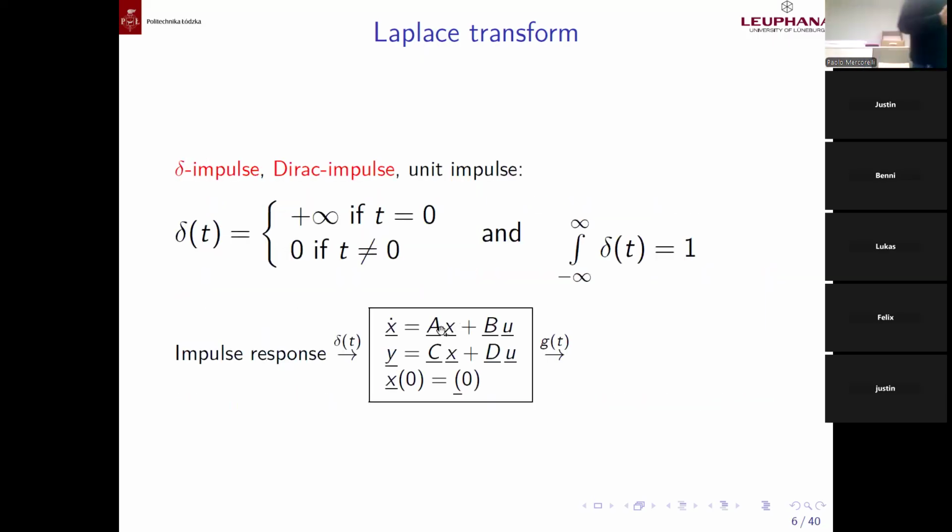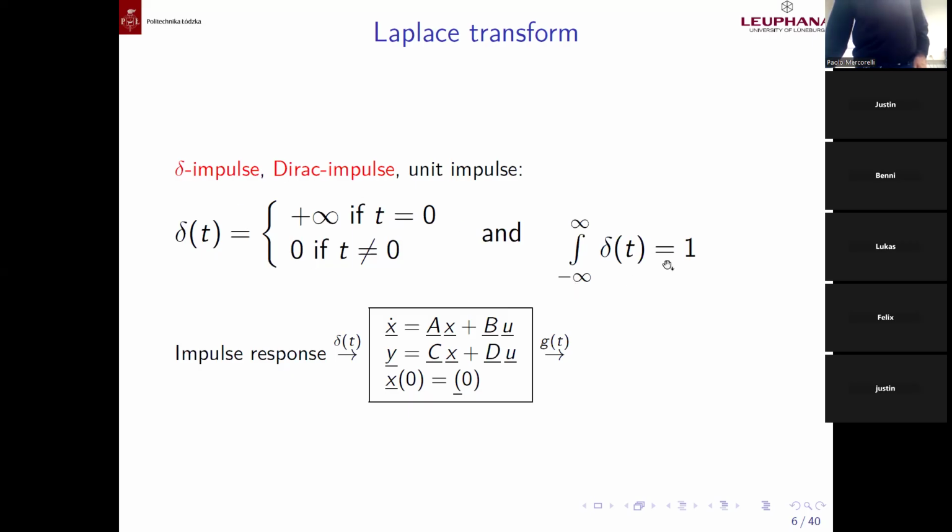More practically, let me consider some transforms of some important signals. We can see here this signal, delta of t. What is this function? The name is delta impulse or Dirac impulse, or in some books, unit impulse.